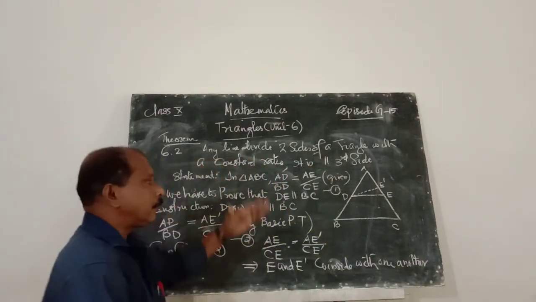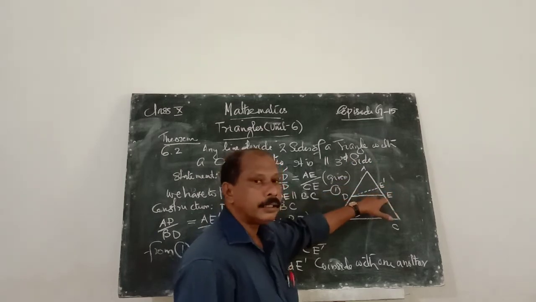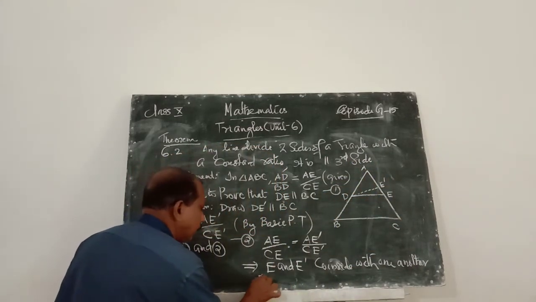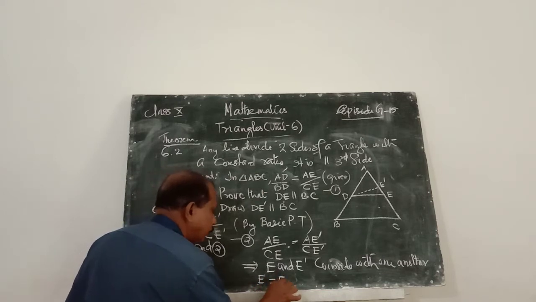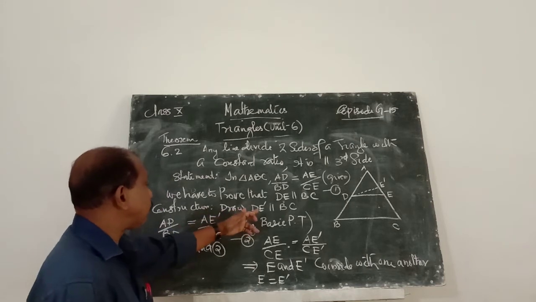That means E dash moves and coincides with E. That means E and E dash are the same; E is equal to E dash. These two points are equal. That means DE dash is parallel to BC.